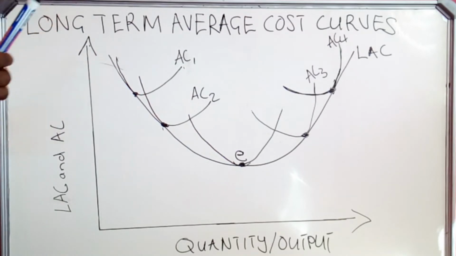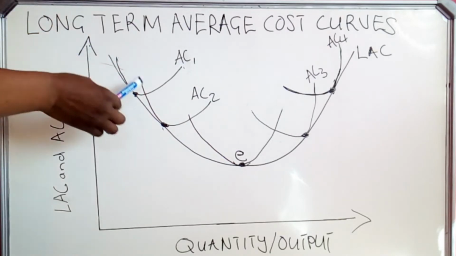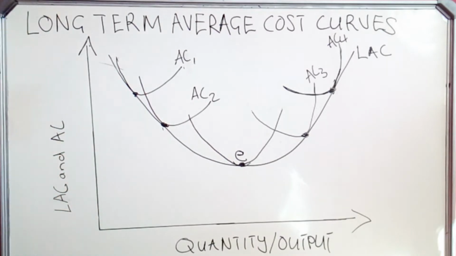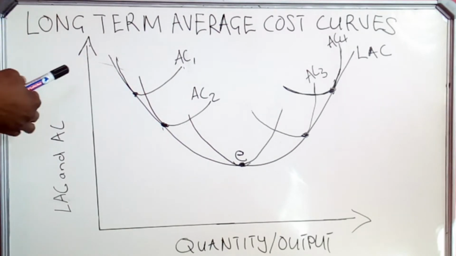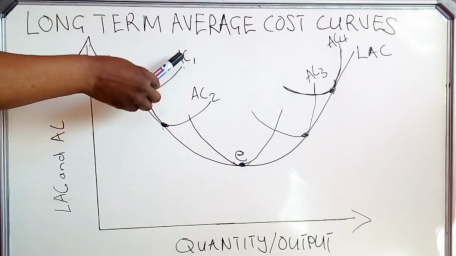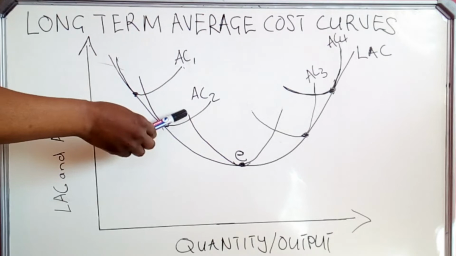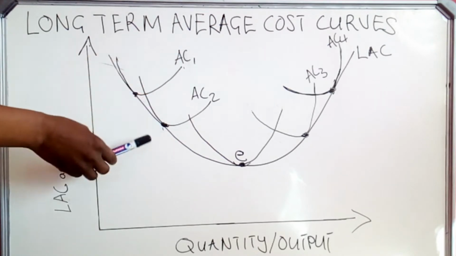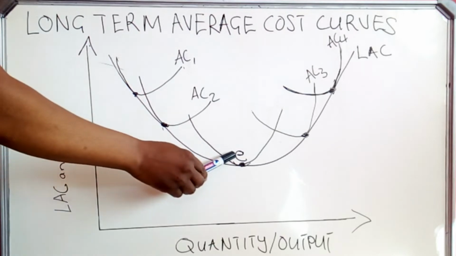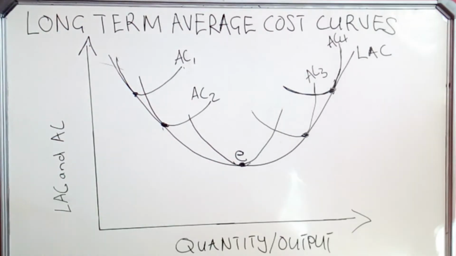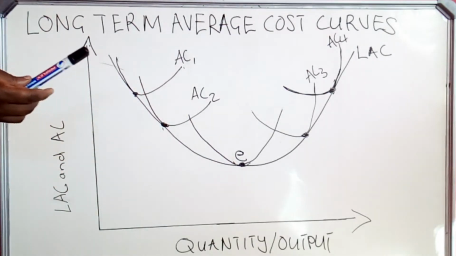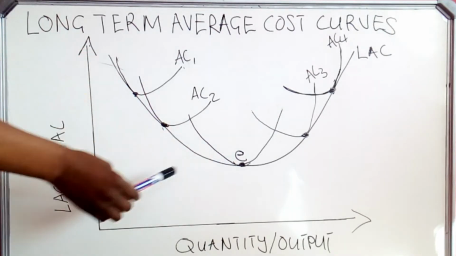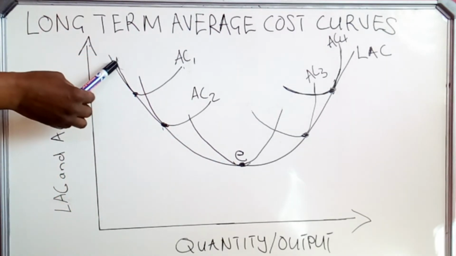When a firm produces more, from this point up to that point, the firm is using the same factors of production that are available. Therefore, as a result, the average cost per unit is decreasing as we move from AC1 through AC2 to ACE. So we're saying that the unit costs per output are decreasing because this firm is enjoying what we call internal economies of scale.